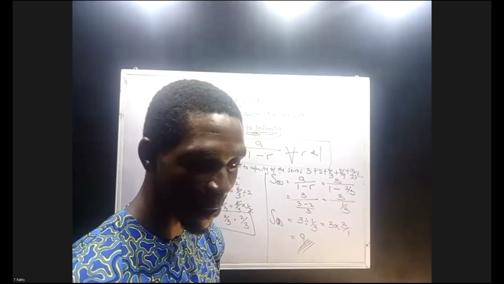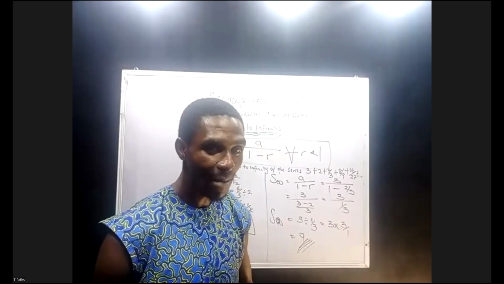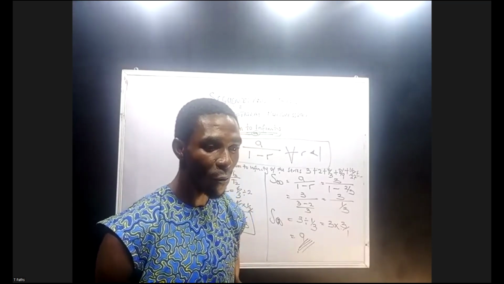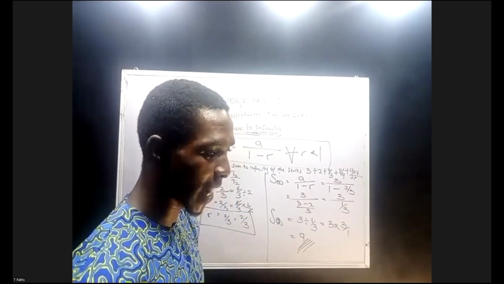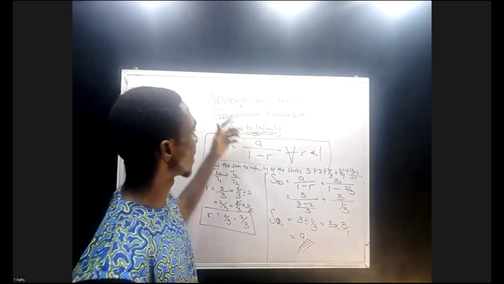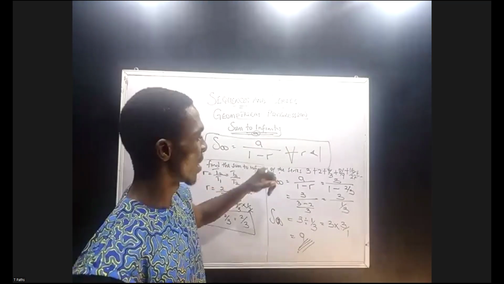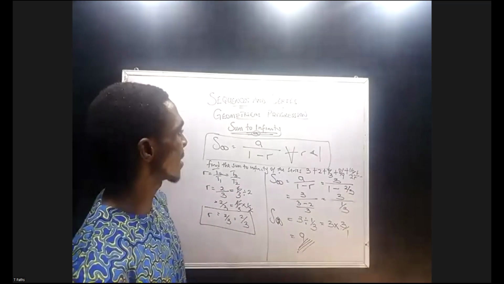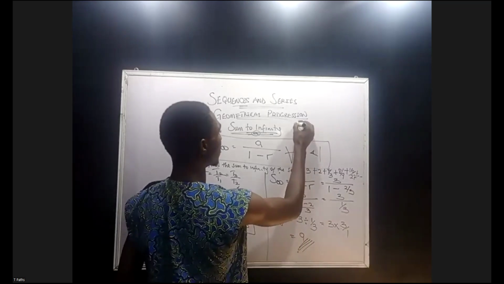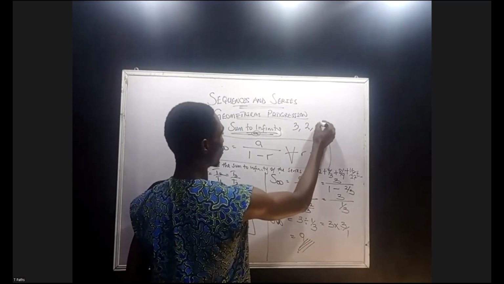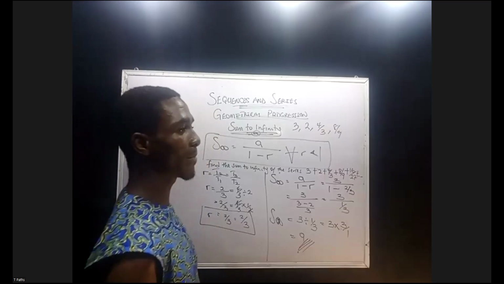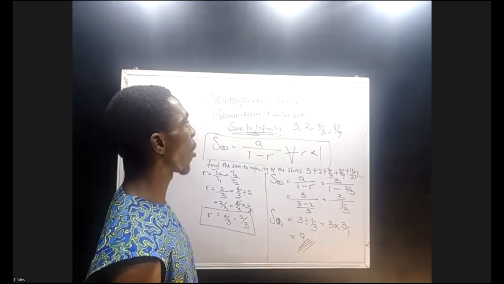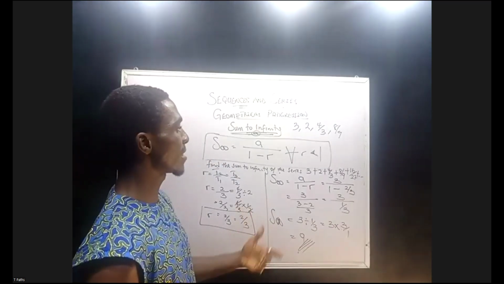Okay, while waiting for your question, let me do a quick review of what we are talking about in class. Maybe that will give you an idea of what to ask. We are talking about sequence and series. What is a sequence? Sequences are arrays of numbers, like 3, 2, 4/3, 8/9, separated by commas. What are series?